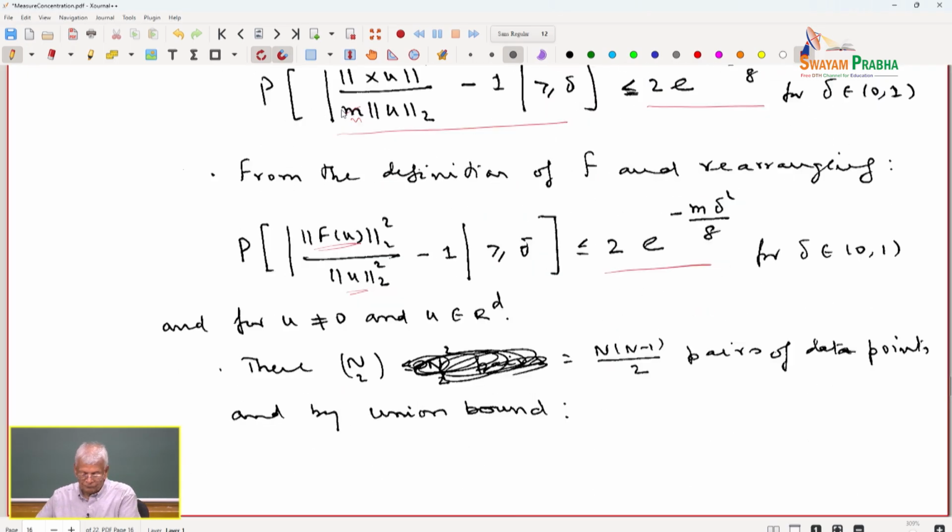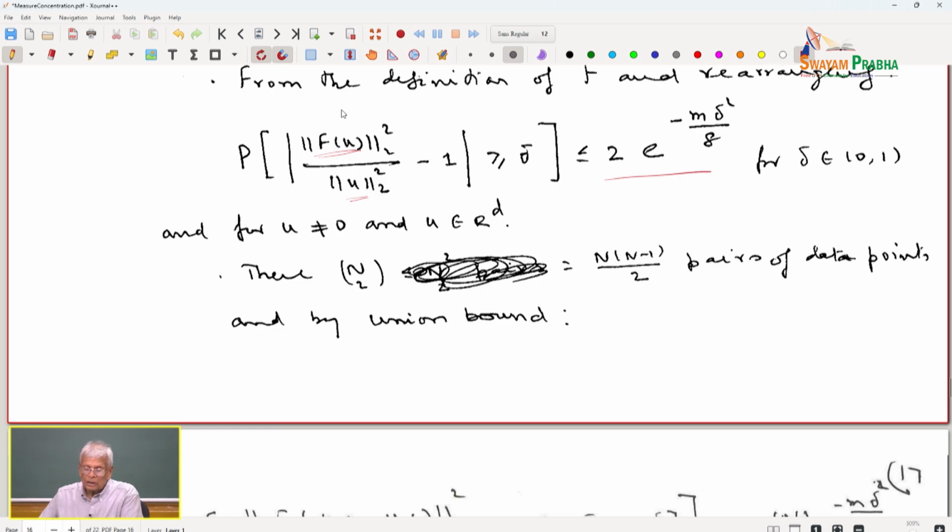Therefore, now I would like to be able to recognize the following. This is when u is not equal to 0 and u belongs to R to the D, which is the original space. Now, we wanted to preserve pairwise distances. Please remember now. There are n points. So, there are n choose 2, which is n times n minus 1 by 2 pairs of data points.